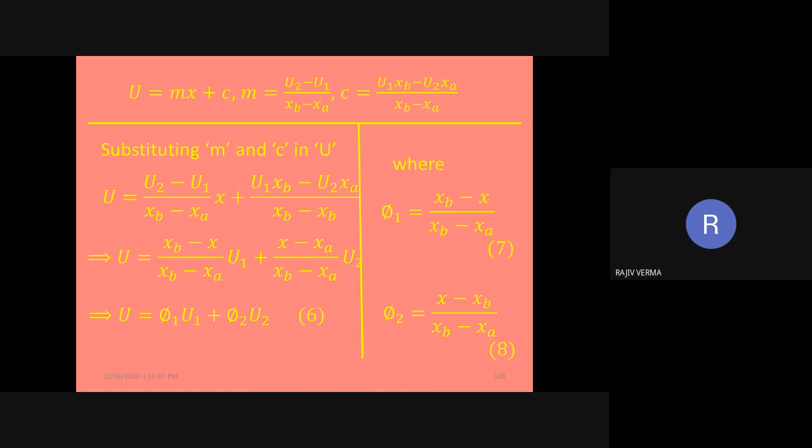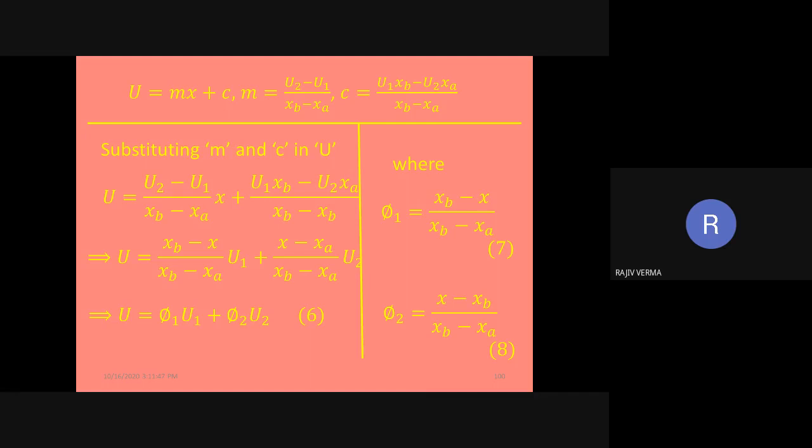And similarly, there is one more thing which I can clarify right now: if we took a quadratic element, it means that there are going to be terms of x square. The polynomial is going to be u is equal to mx square plus nx plus c.